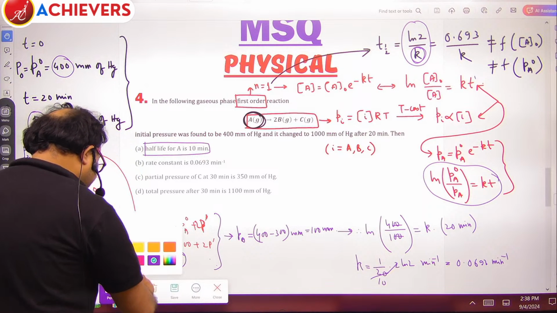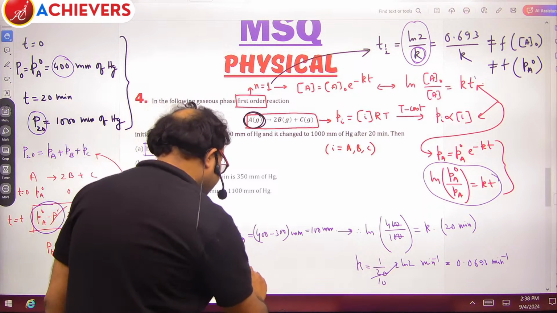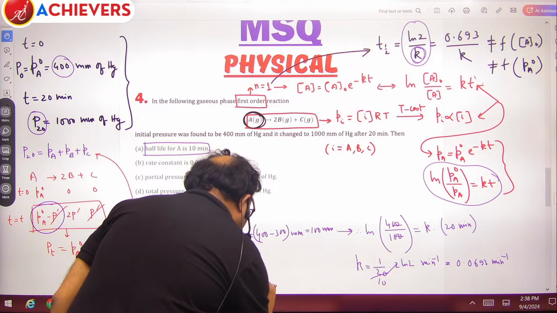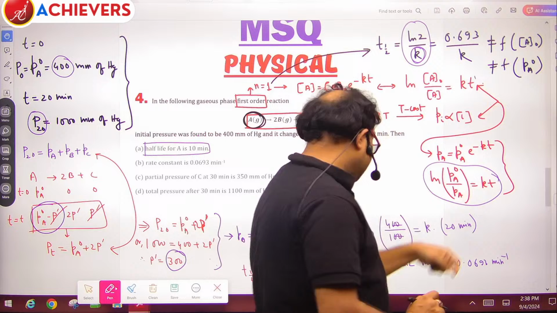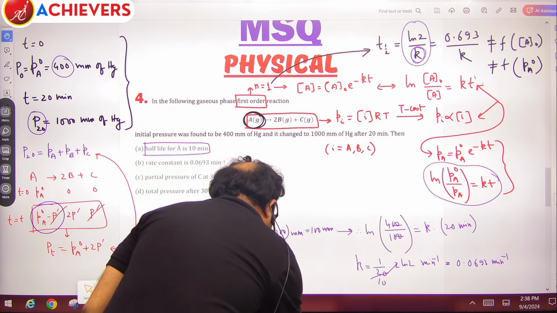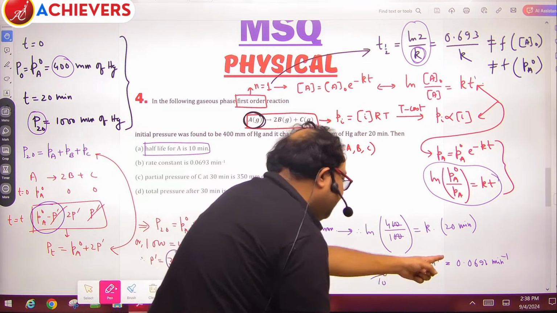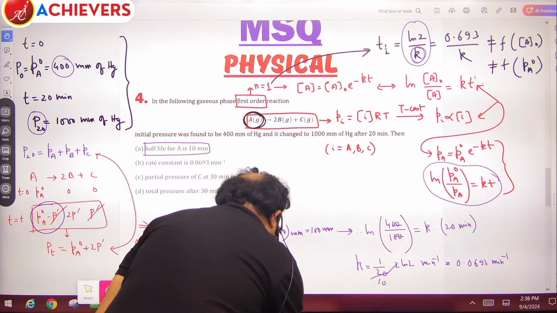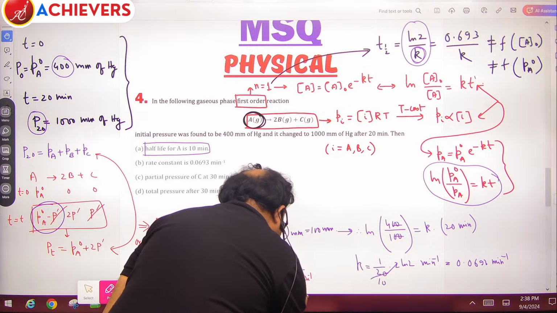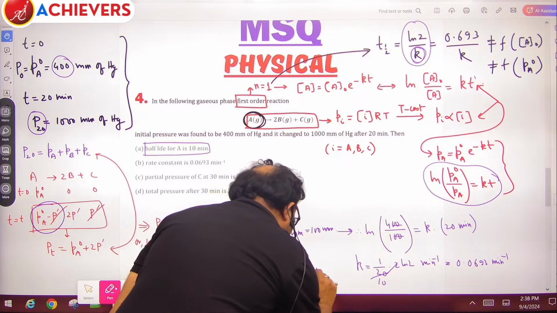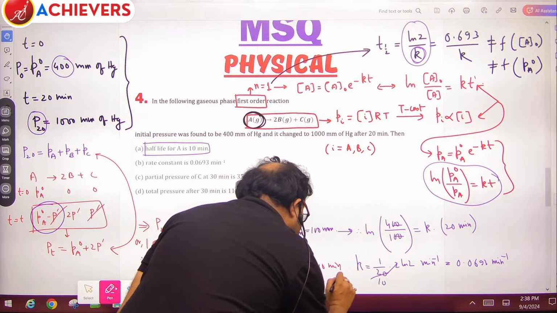Now what is T half? T half is 0.693 by K. So 0.693 divided by 0.0693 minute inverse. That is 10. So this is 10 minutes.